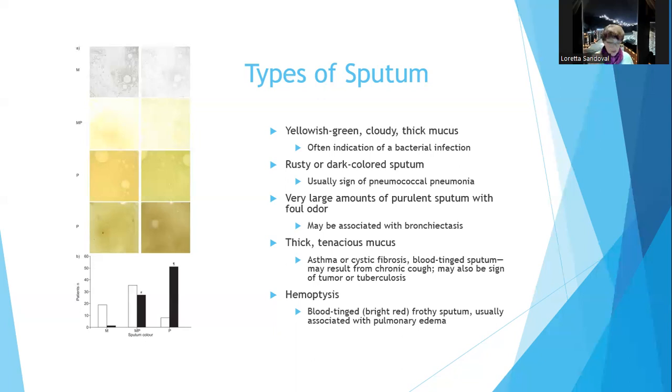It's usually granular and dark in color, like wet coffee grounds, because the blood has been partially digested in the stomach. So if it's bright red blood tinge, that's hemoptysis. If it's coffee ground looking, that is hematemesis. So coughing up blood is different from vomiting up blood.